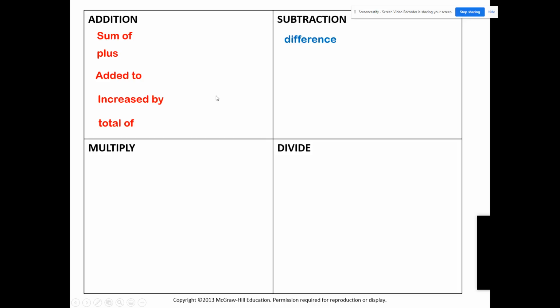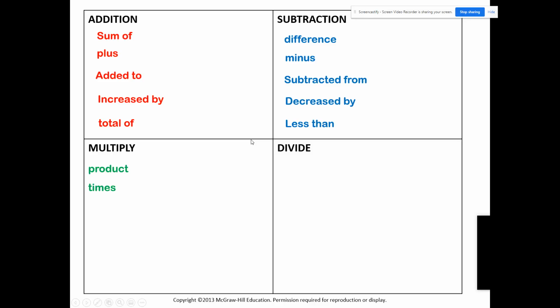Okay, for subtraction, the difference of, minus. So if you saw the difference of x and 3, or y minus 10. Subtracted from, decreased by, and less than. These are all key words that mean subtraction. For multiply, we have product. An example would be the product of x and 10, or the product of a number and y.